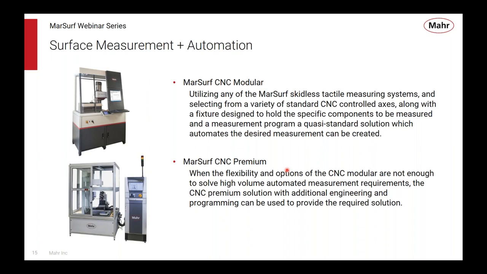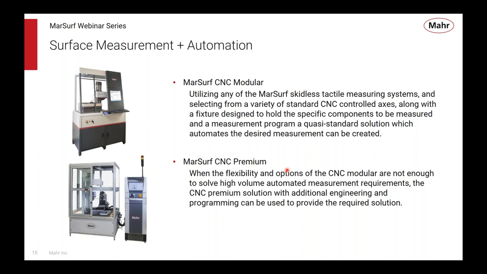We can use our CNC modular, which are some standardized linear axes, rotary axes, combination linear plus rotary in one unit, and build a simple little fixture for some parts that a customer might have, and write a program within our standard software, and we can measure typical characteristics and do the automation job with minimal extra effort.